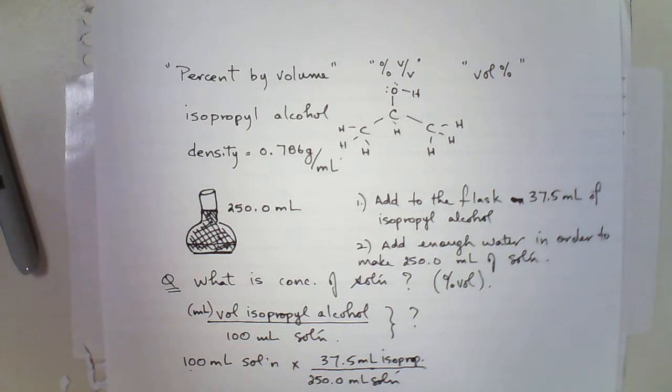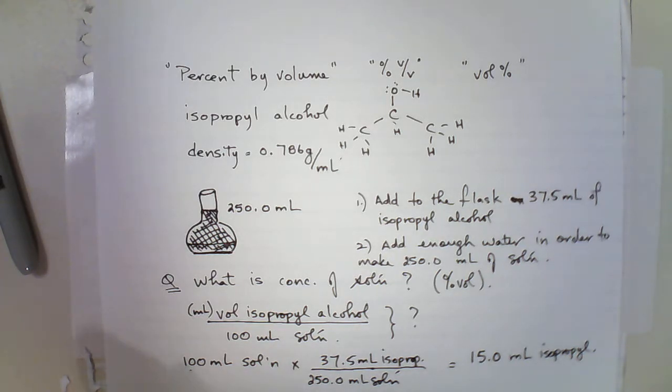Let's do it on the calculator. So I have 37.5 times 100 divided by 250. And that is 15. I'm going to put 15.0, 3 sig figs. That's milliliters of isopropyl alcohol. So I have 15 milliliters of isopropyl alcohol in 100 mils of solution.